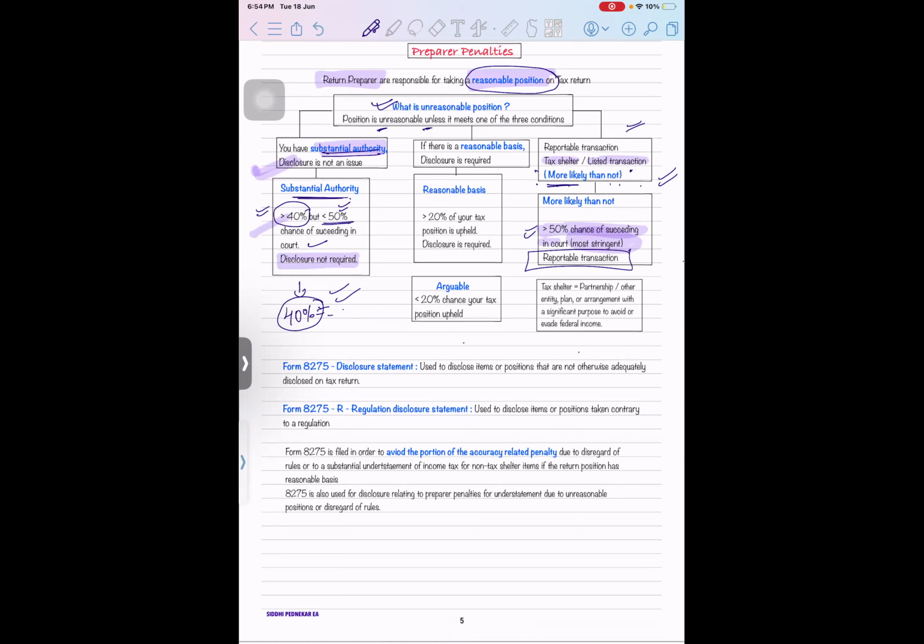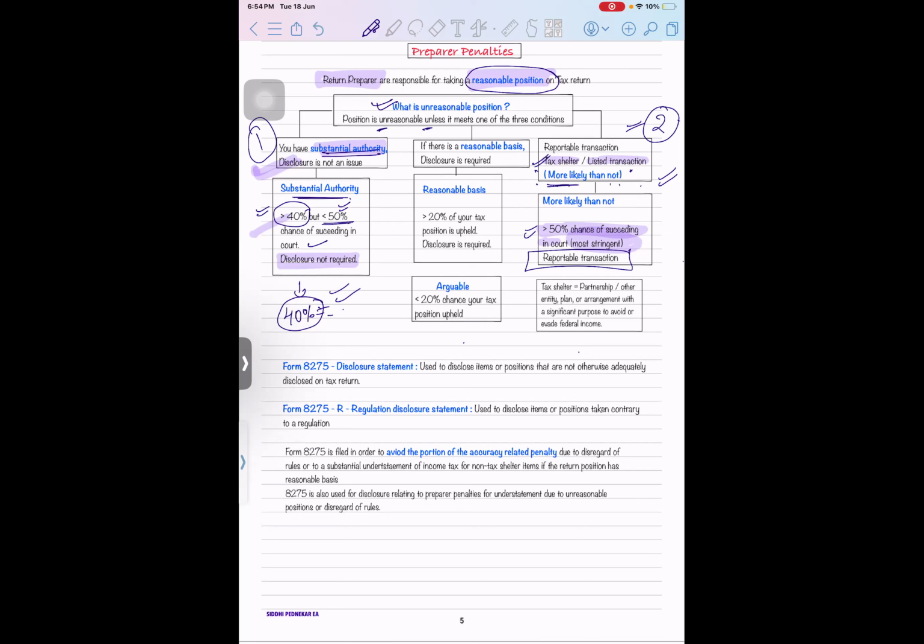First one we saw that no disclosure is required, but here if it's a tax shelter or a listed transaction, and you think that you have saved some taxes, or you have invested in tax shelter strategies, and there is more than a 50% chance that this is a correct strategy, then you just need to report it.